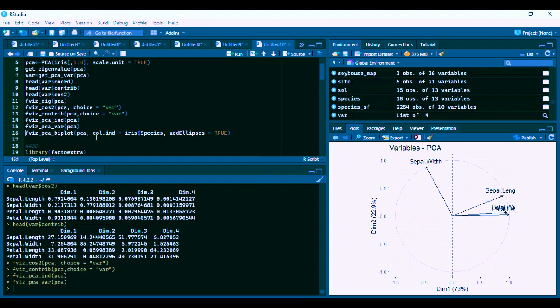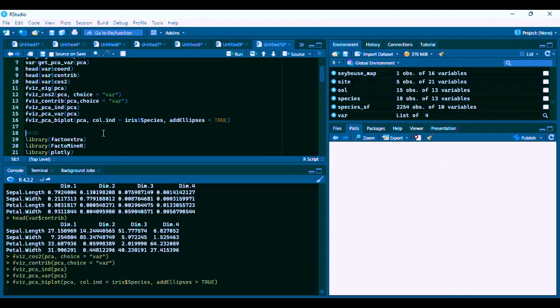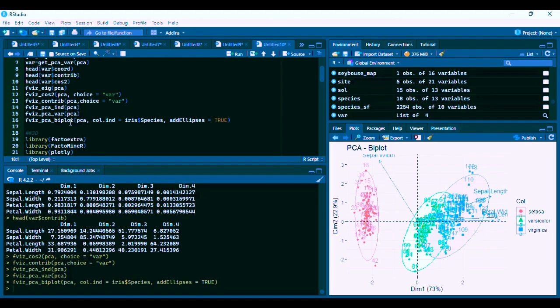Biplot includes both variables and individuals. Color the individuals using species, select species from the iris dataset, and add ellipses for each group.